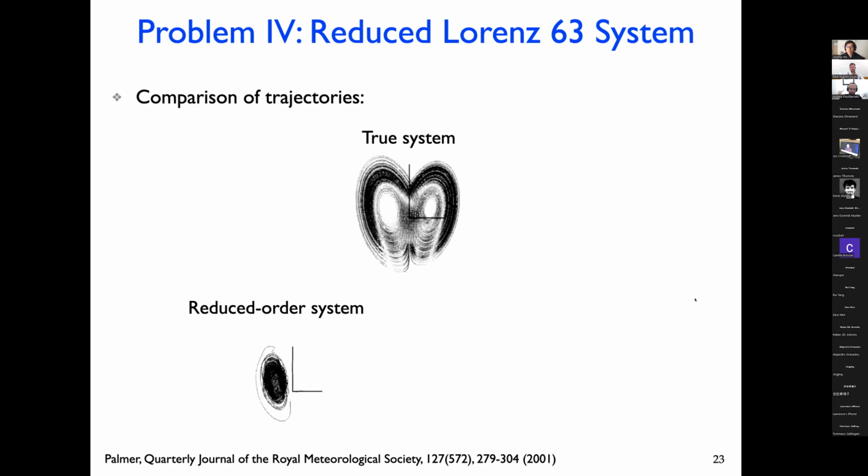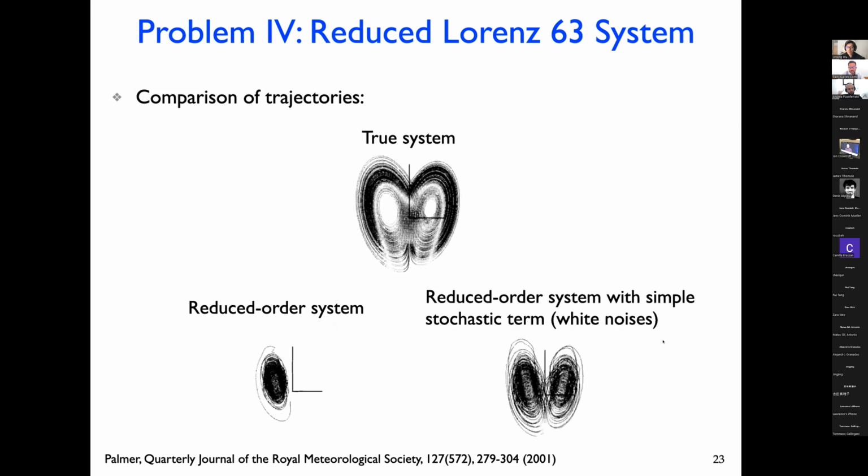Professor Tim Palmer found that if we completely remove the third dimension in this POD coordinates for the reduced order system, it will lose the chaotic behavior completely. And more interestingly, if we just add some very simple stochastic term in the original work, it's just white noise, we are able to get the chaotic behavior back, at least qualitatively.